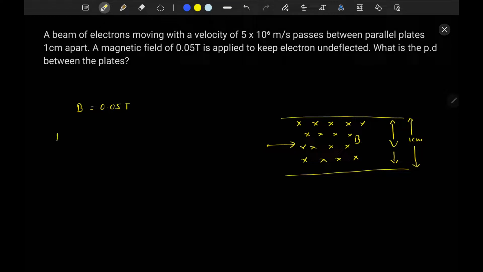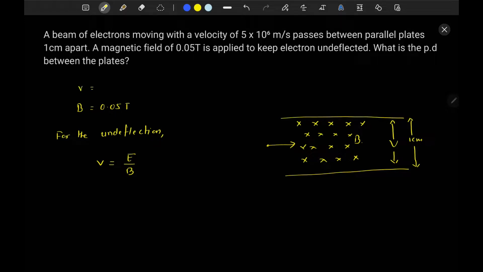So for the condition of undeflection, the electric force and magnetic force will be equal, and the velocity is given by E by B as discussed above.